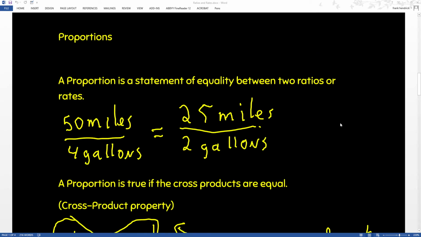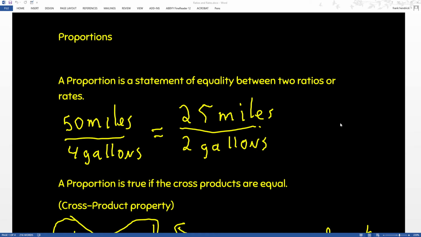A proportion is a statement of equality between two ratios or rates. A proportion is true if the cross products are equal. So there you can easily see that 4 quarters make $1, or 2 50-cent pieces will make $1.